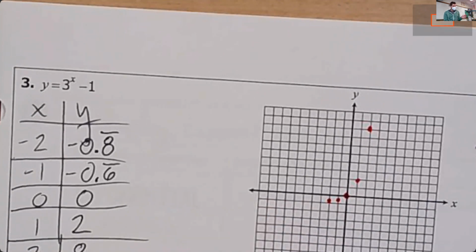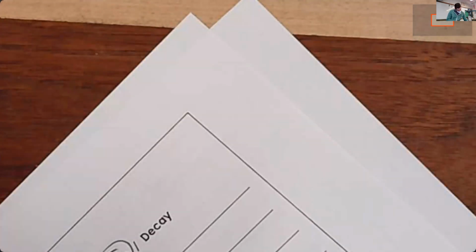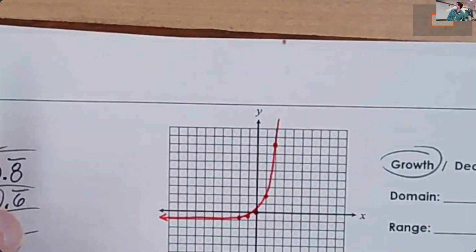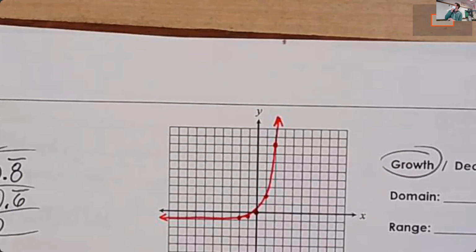So basically our asymptote is going to be where it starts to straighten out horizontally. That is going to be our line that we're not going to end up crossing. So we'll curve it around and get really close to that line, but never actually touch or intersect with that line. So that's our graph there for problem number 3.